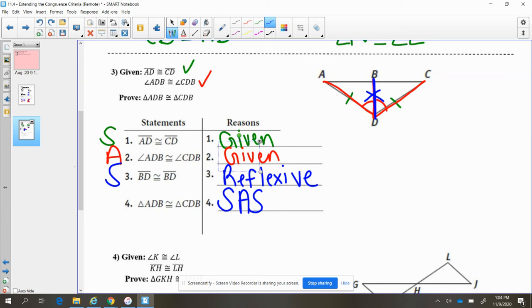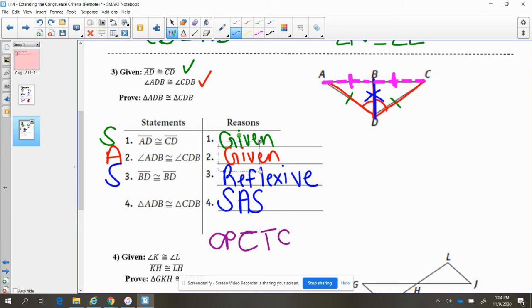Now, what if I wanted to prove something beyond that? What if I wanted to say AB is congruent to BC? Maybe that's my next piece I would be trying to prove, that this segment is congruent to this segment. Well, once you prove your triangles are congruent, you can say then that these are congruent by CPCTC.